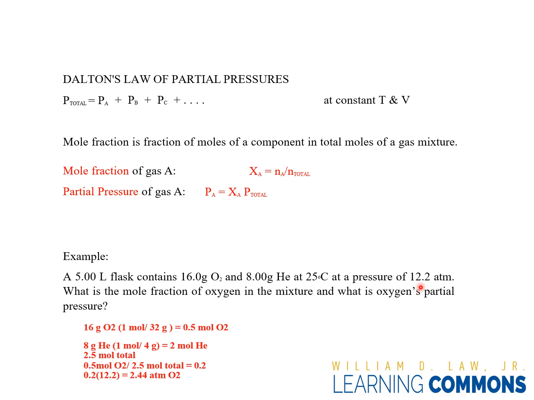If you see, the total pressure here is 12.2 atmospheres. So I got the partial pressure of the oxygen: mole fraction 0.2 multiplied by the total, I got 2.44 atmospheres.